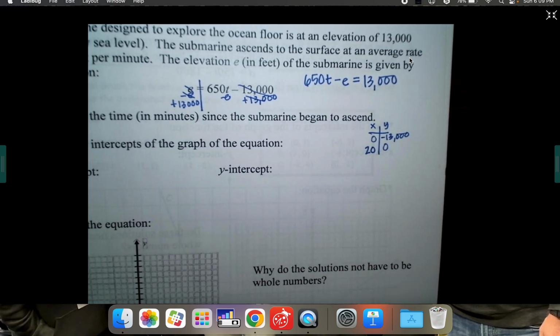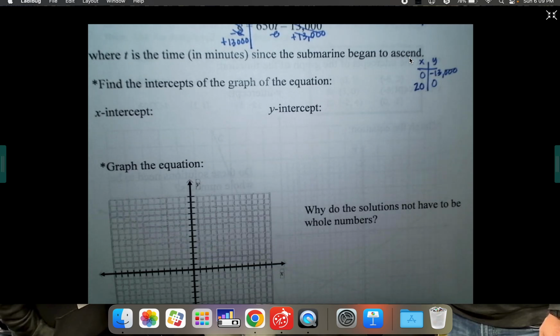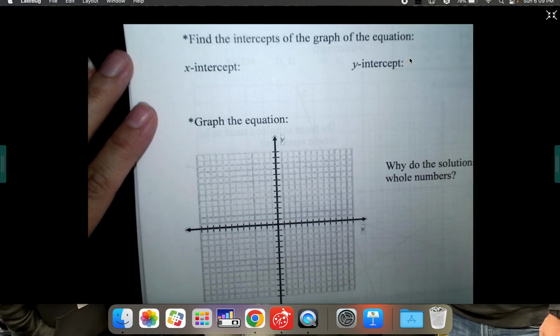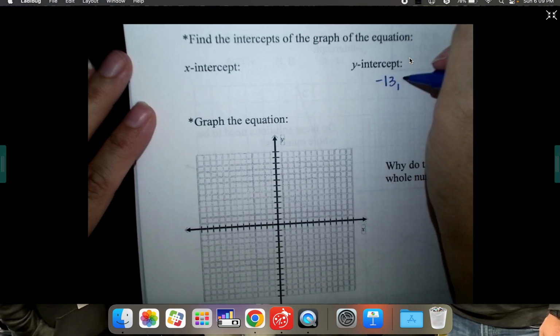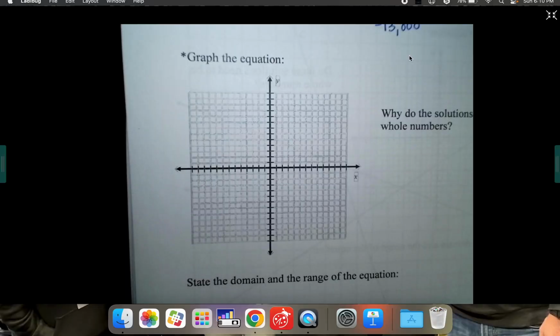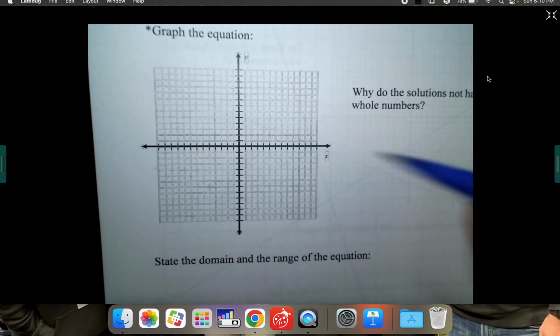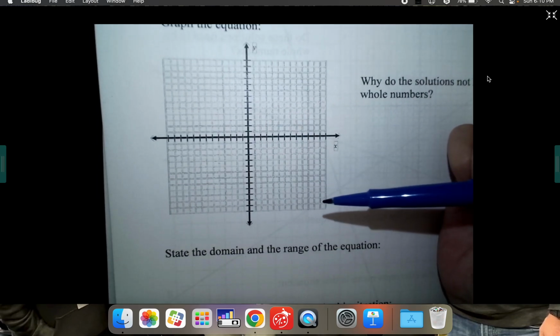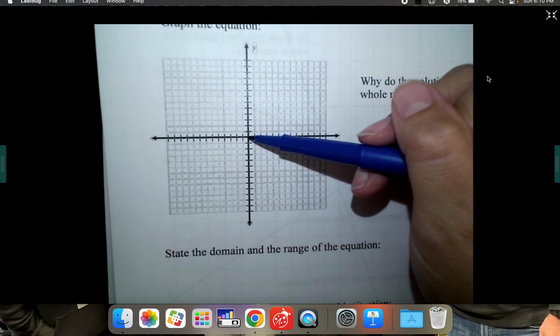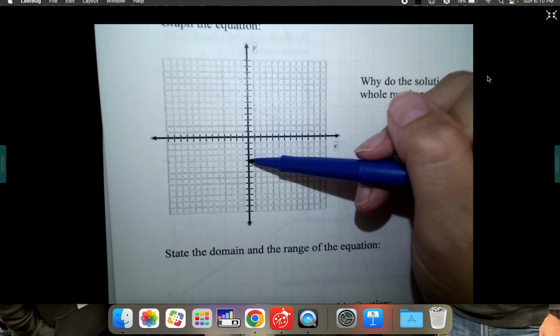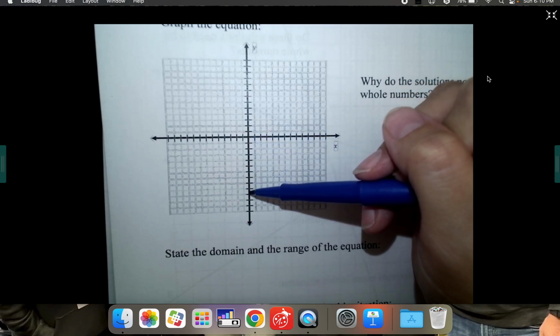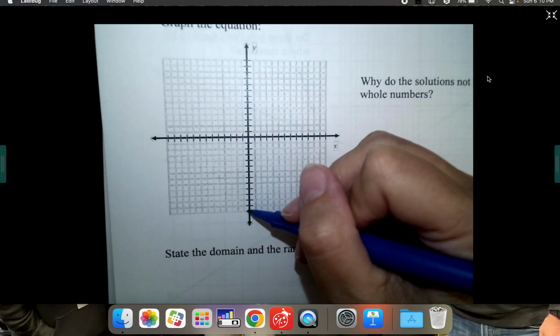Okay, so let's go ahead. Oh, so the y, x is 0. So the y-intercept is negative 13,000. So we're going to go graph that. Negative 13,000. I'm going to hope that these go by, we're just going to go by 1,000. 1, 2, 3, 4, 5, 6, 7, 8, 9, 10, 11, 12, 13.